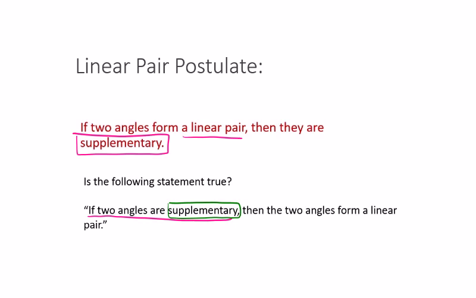So if I find two supplementary angles, let's say one that's 80 and the other that's 100, and they're not next to each other, not adjacent, then they wouldn't form a linear pair. So this is false. And there's the counterexample: two supplementary angles that are non-adjacent.